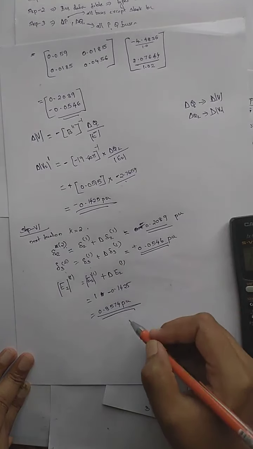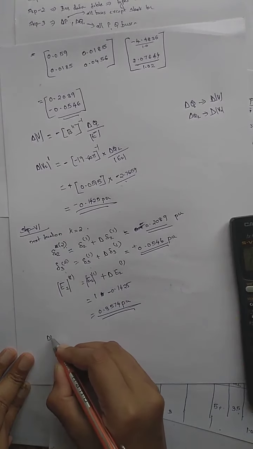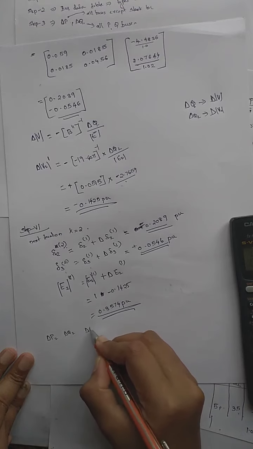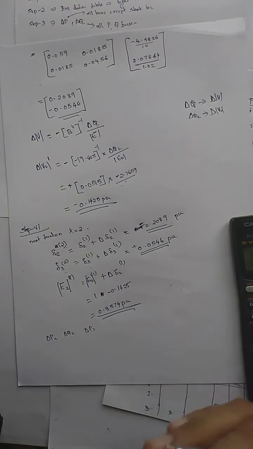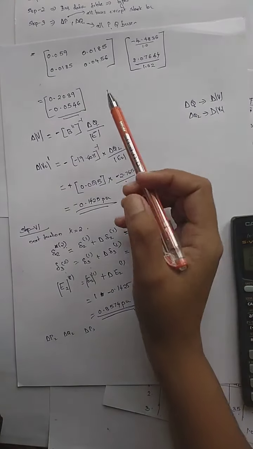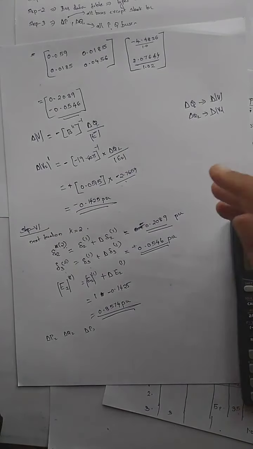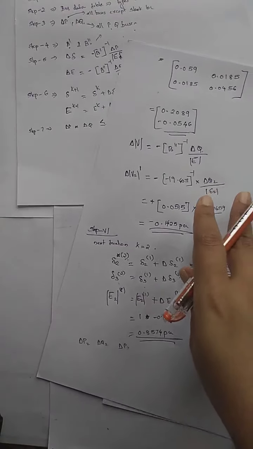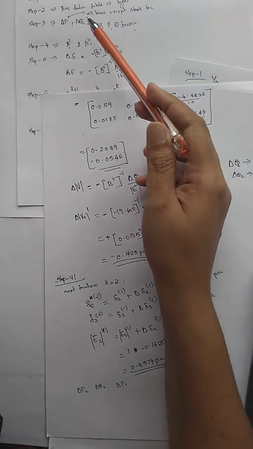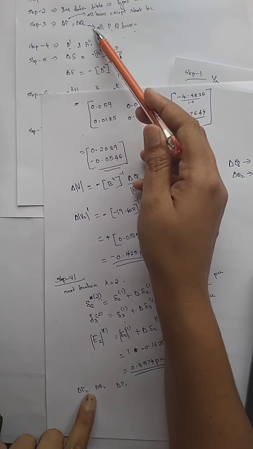Okay, so these are the values for my next iteration, and what I have to do is employ these values and find out delta P2, delta Q2, and delta P3 again. We have to continue with, no, sorry, we have to do our step 3, that is employing these values.